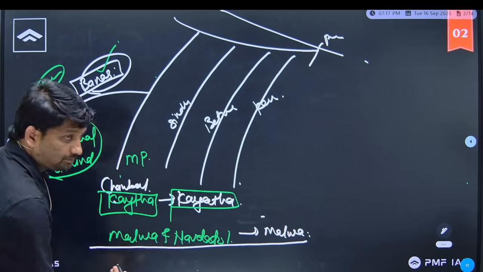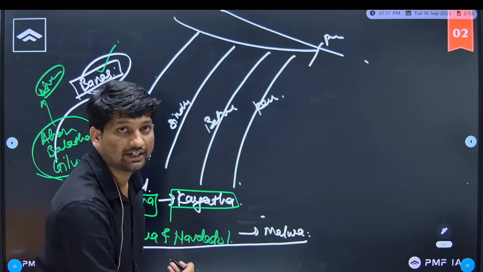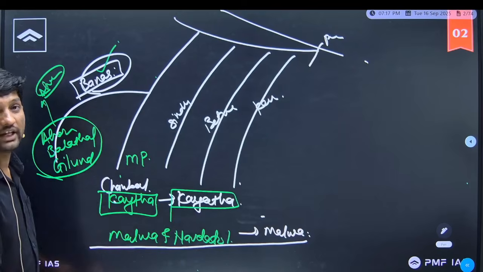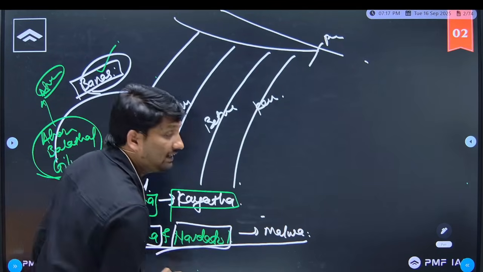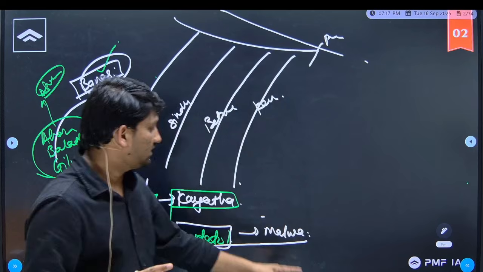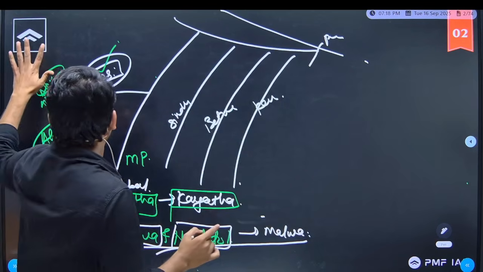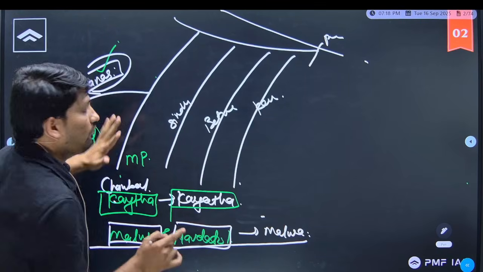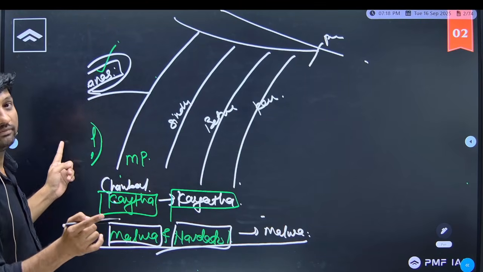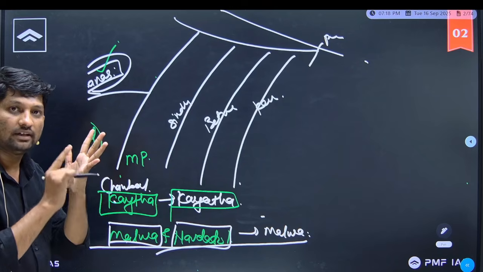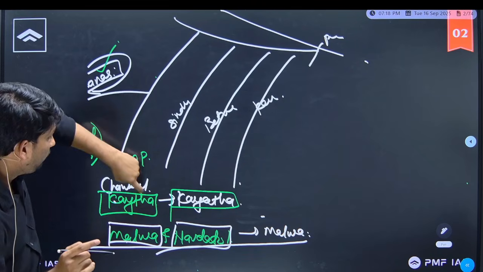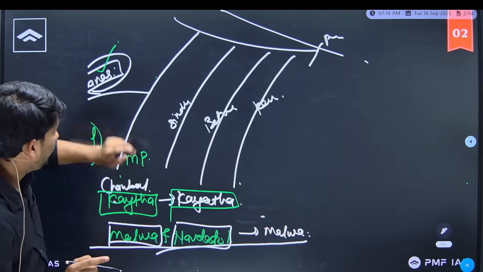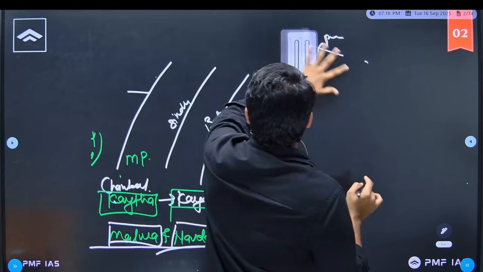Similarly, south of these sites, we have this Narmada river. On the Narmada, we have two important sites, Malwa and Navdatoli, and we call this Malwa culture. So everything is clear. We have seen three cultures: in Rajasthan, Ahar, Balathal and Gilund, part of Ahar culture; in Madhya Pradesh, first Kaitha culture and second Malwa culture.